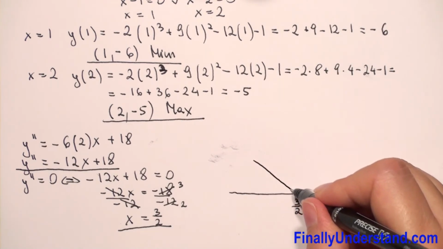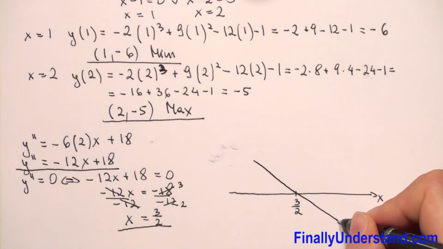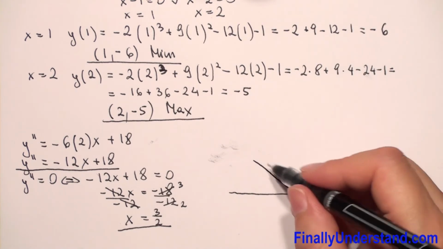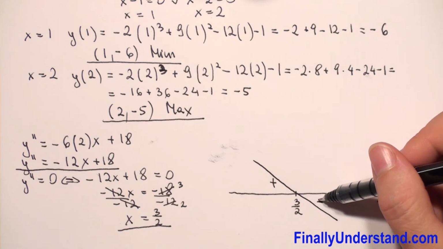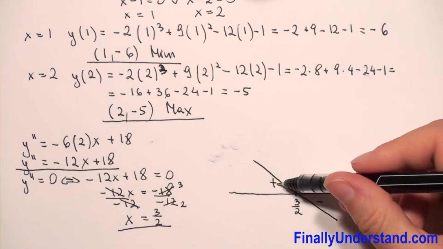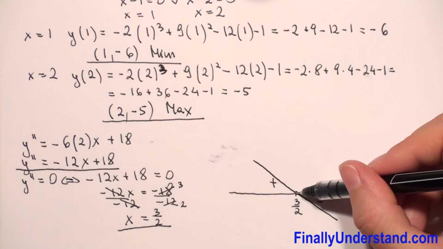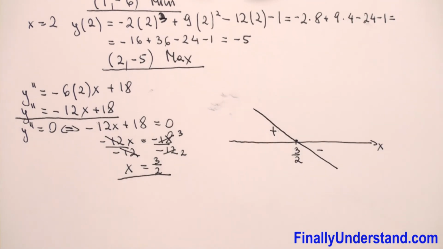We are going down, so this part is under the x-axis and has negative values. This part is above, so it has positive values. We change the sign from negative to positive when we pass 3/2. It means we have an inflection point for x equal to 3/2.